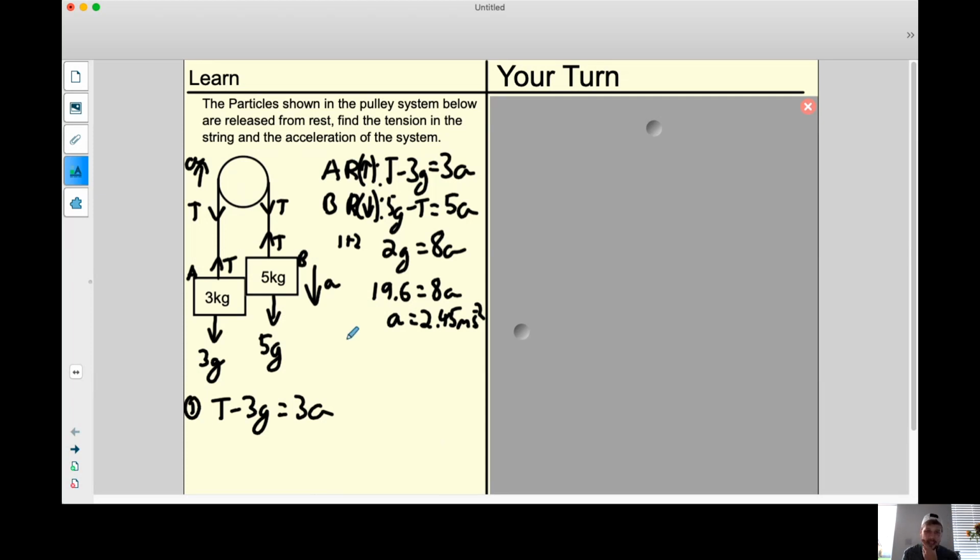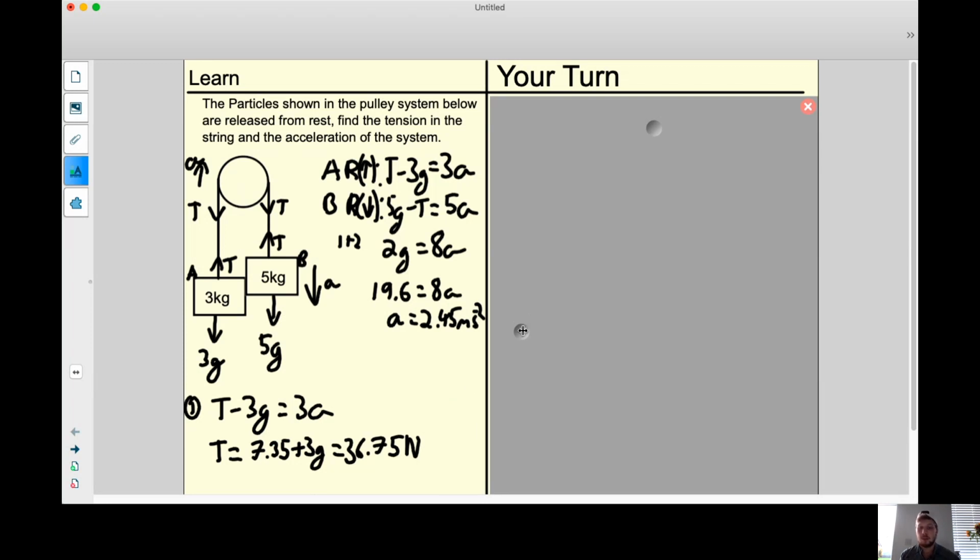By substituting it in, I'm going to end up with T equals 3 lots of 2.45, which is 7.35, add 3g. So add 9.8 times 3, and that is going to be 36.75 newtons.